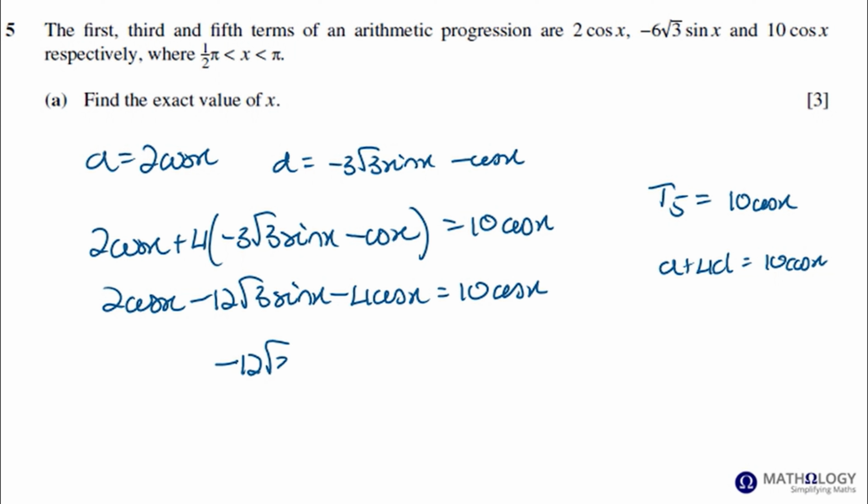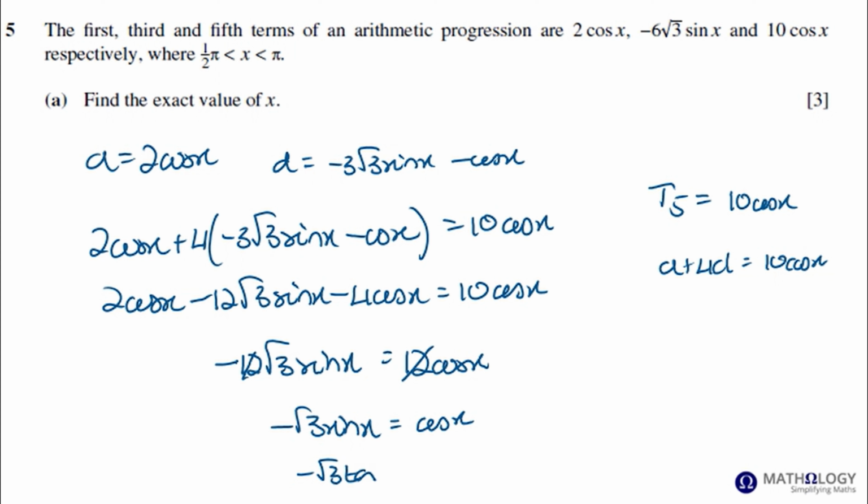Minus 12 root 3 sin x equals 10 cos x plus 4 minus 2. That'll be 12 cos x. We can divide through by 12. Minus root 3 sin x equals cos x, and dividing through by cos gives us minus root 3 tan x equals 1.